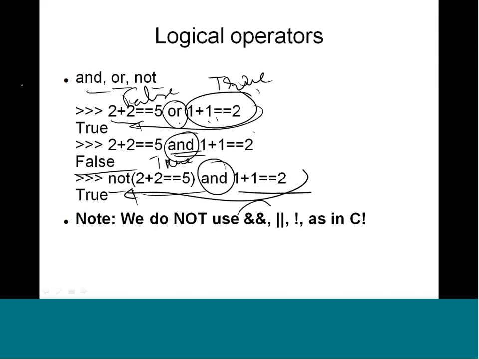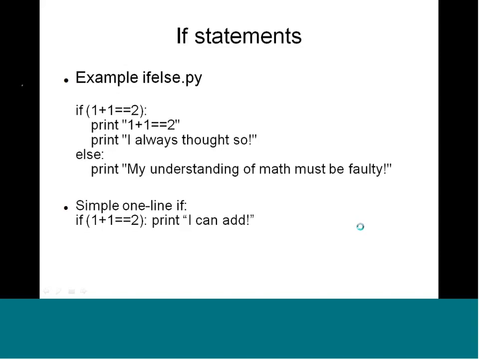One thing you note is that we don't use the ampersand, bar, or bang as in C. We don't do the C-level stuff for the logical operators. They are explicitly specified in the fullest form.